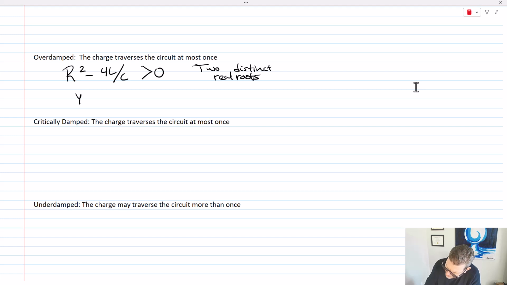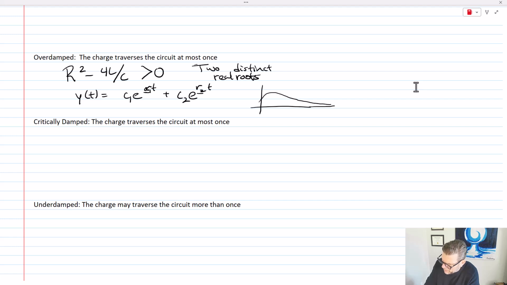And our solutions are going to end up looking like y of t equals C1 e to the R1 t plus C2 e to the R2 t. So 2 different real roots, we'll call these R1 and R2. And so consequently, our charge is basically going to start up here and it's going to decrease towards 0 pretty quickly, because if you remember, R1 and R2 are going to end up being negative.